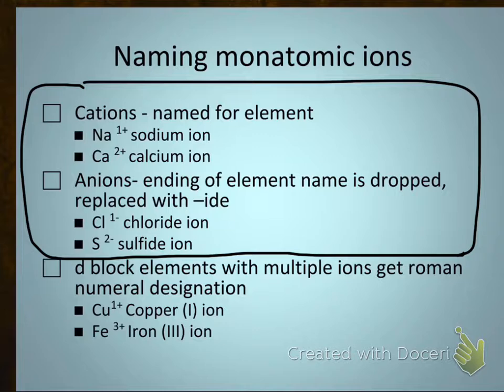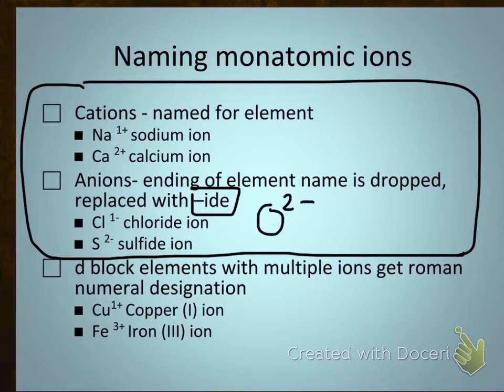Anions are handled a little bit differently. We drop the ending of the element name and we replace it with this suffix, IDE. So a chlorine atom, which has gained an electron, becomes a chloride ion. The sulfur atom, which has gained 2 electrons, becomes a sulfide ion.